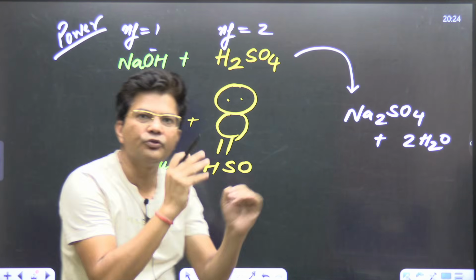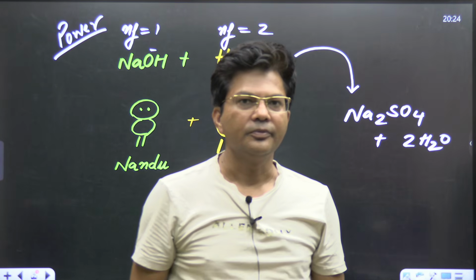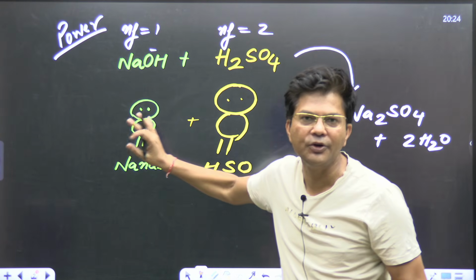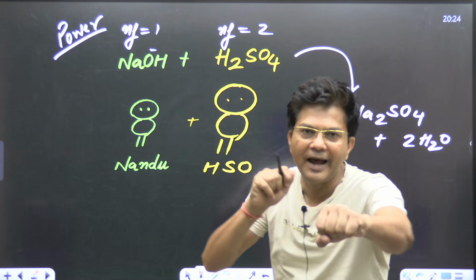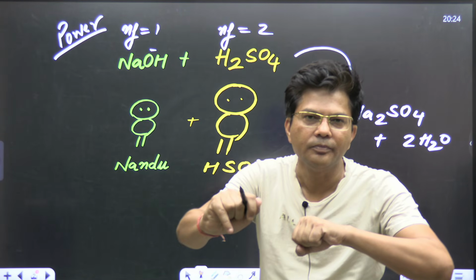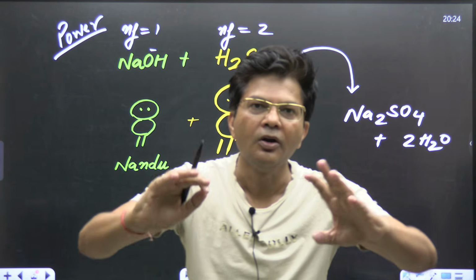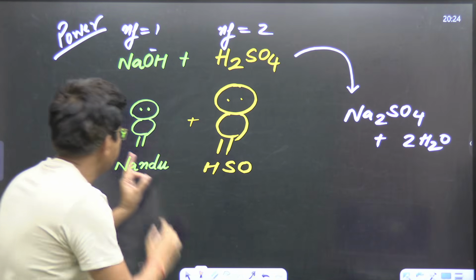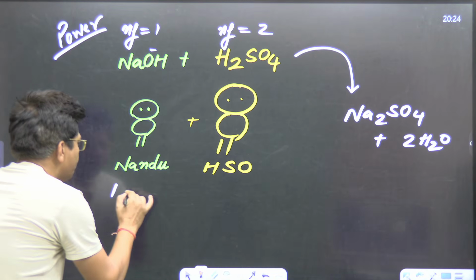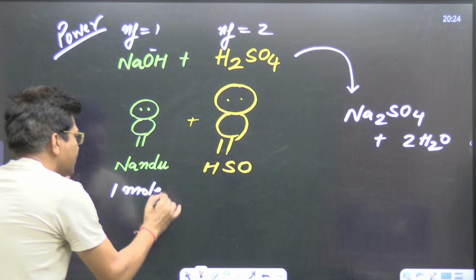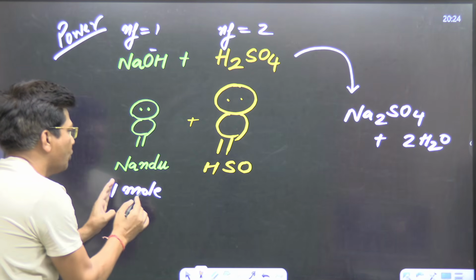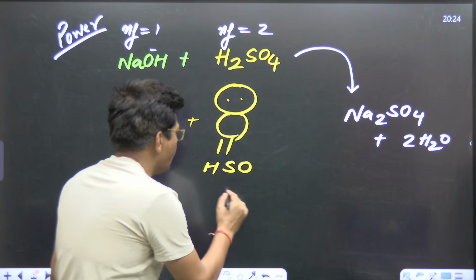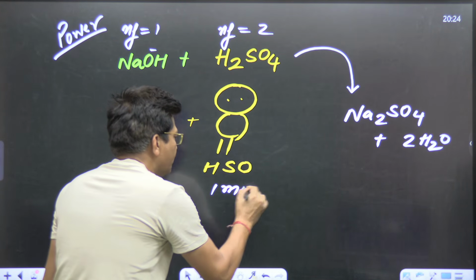This is the basic army and this is the acidic army, this is the hero, this is the villain. If you want the fight to be equal, so that no one is going to win and they remain in the same position, then see, if 1 mole of people are in his basic army and 1 mole in the other army, who will be the winner?